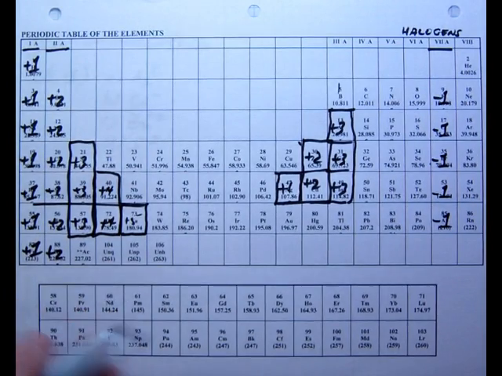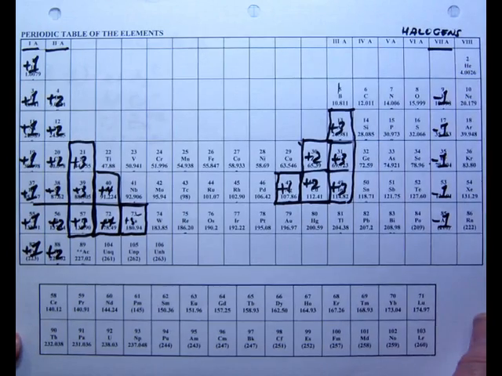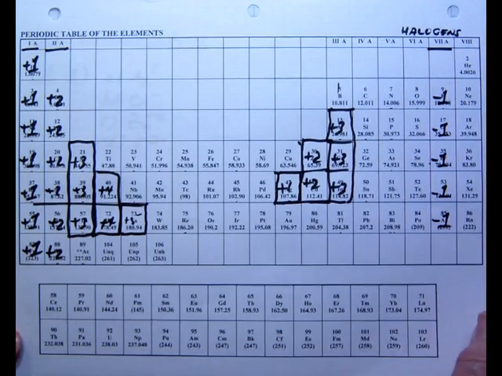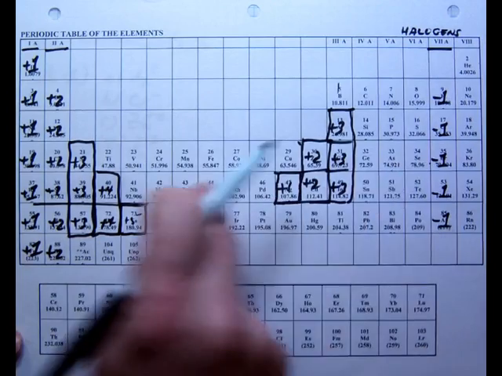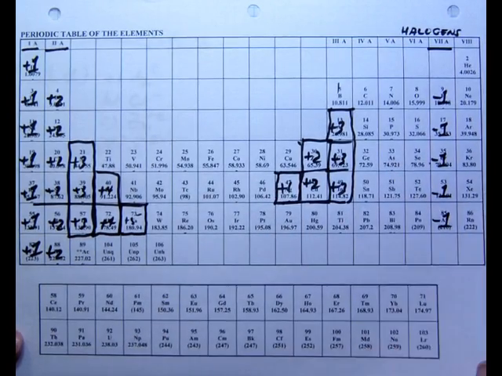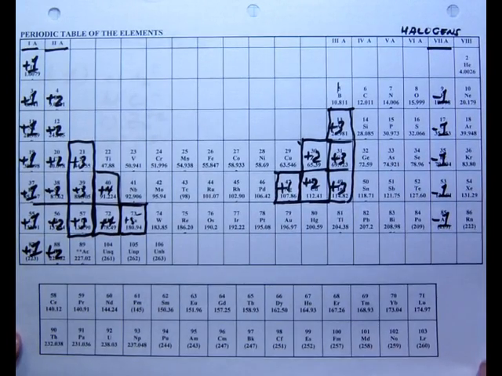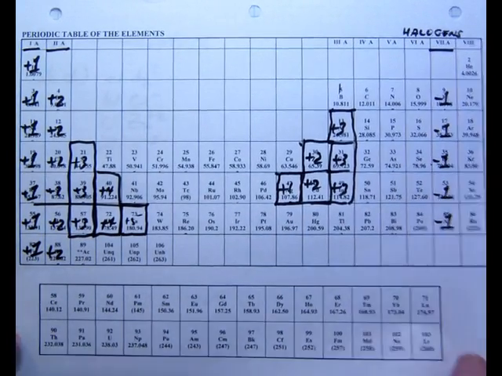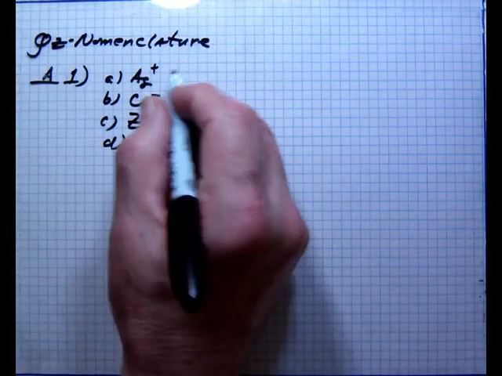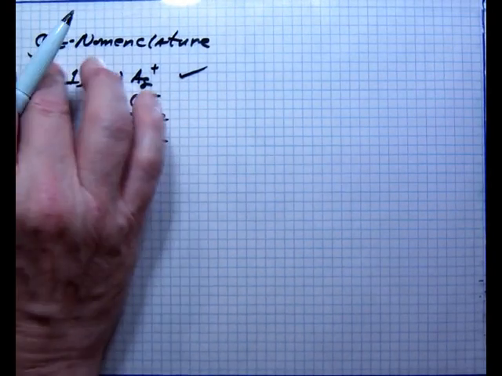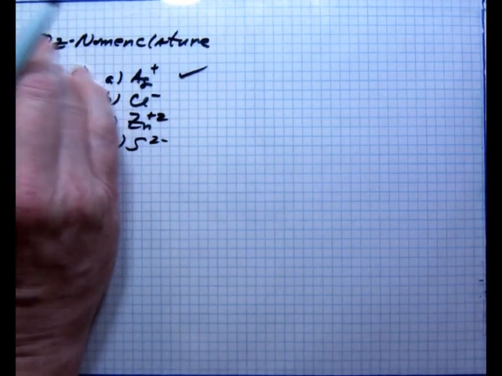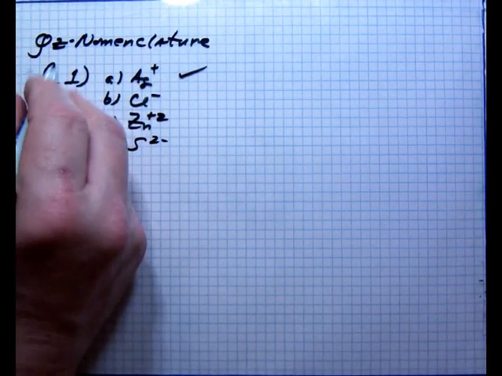So the issue is to try to learn what the fixed charge elements are. If it's not a fixed charge, then of course there are multiple charges in the cationic structure if you need that. Okay, so this is fixed, and we'll change that to match the question, B choice.